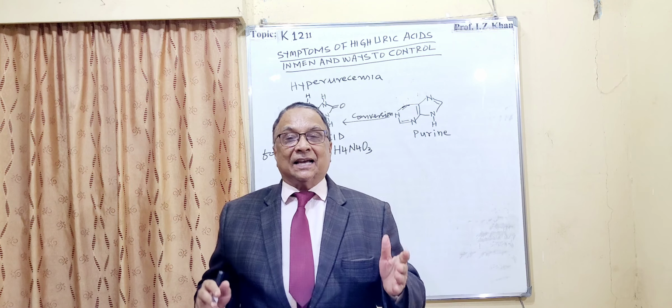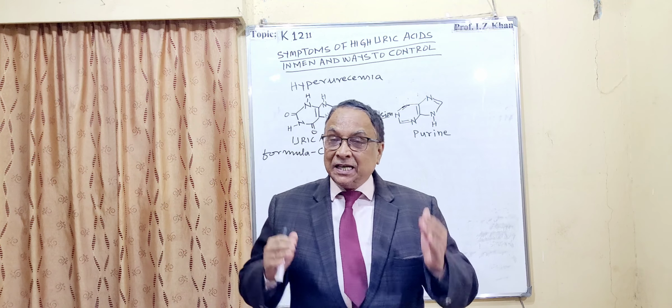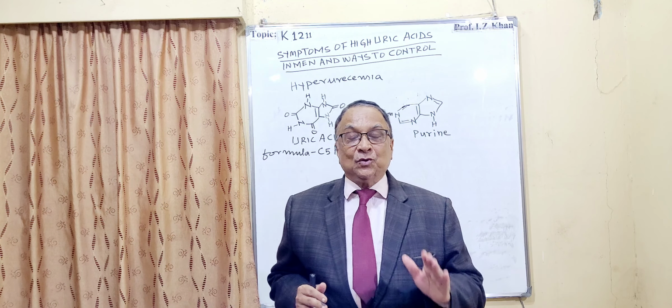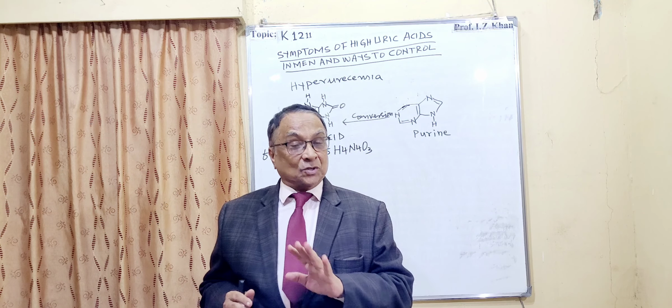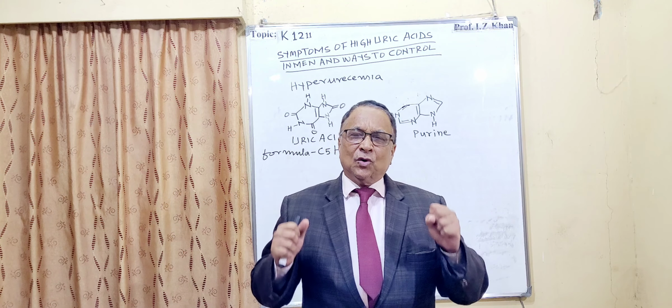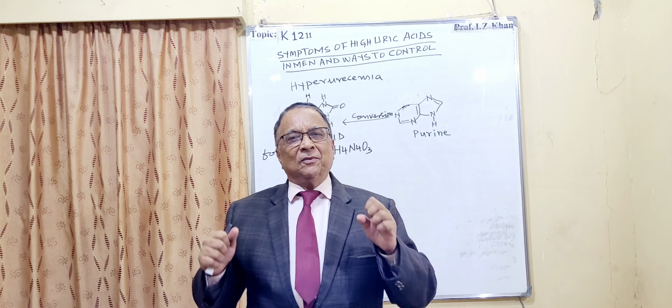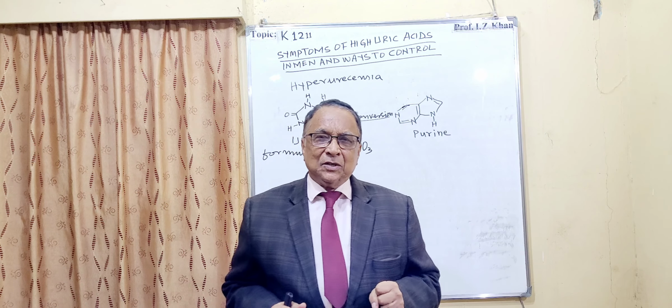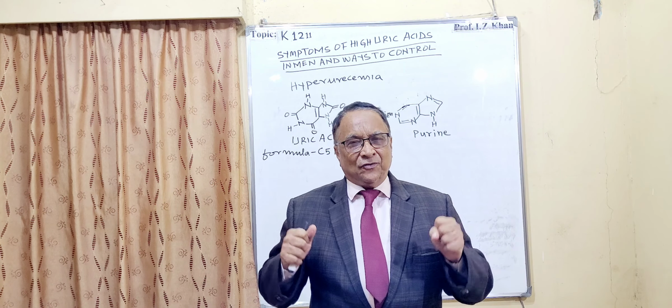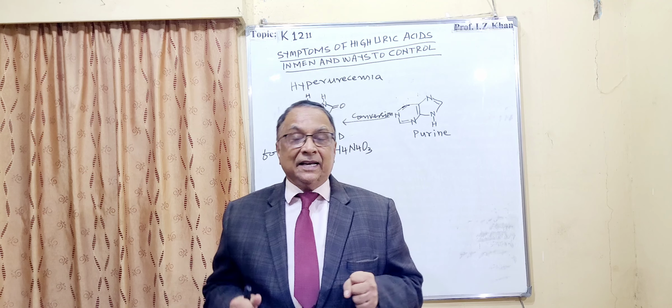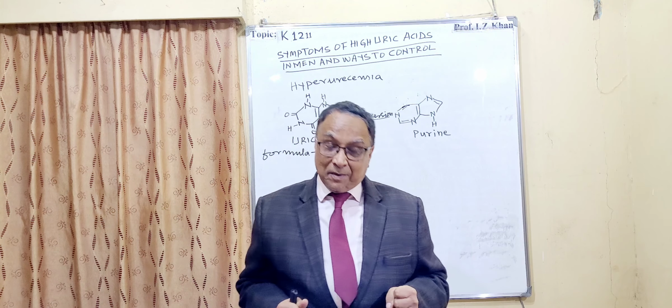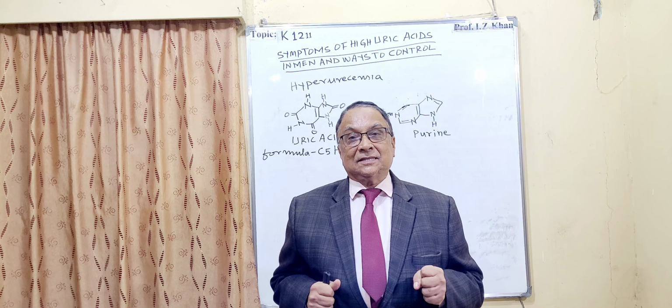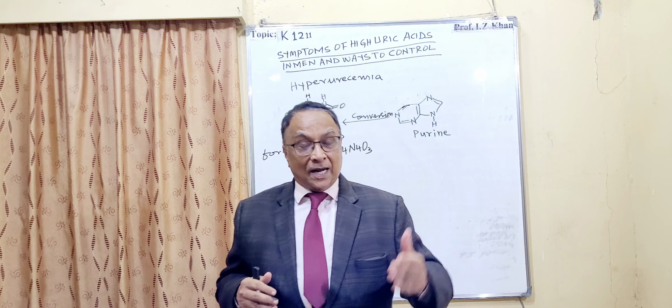Insomnia means in the night your sleep is disturbed, and once you are not getting 8 to 9 hours of good sleep, your whole system is disturbed. You will be having fatigue during daytime, you will feel weak, and it can even lead to heart problem, cardiovascular problem.